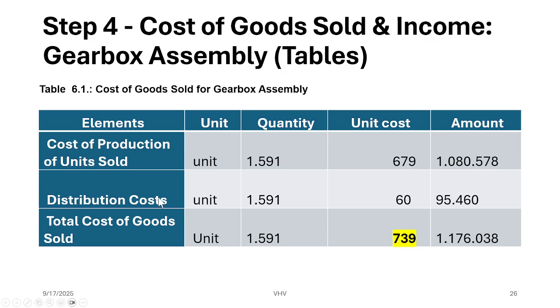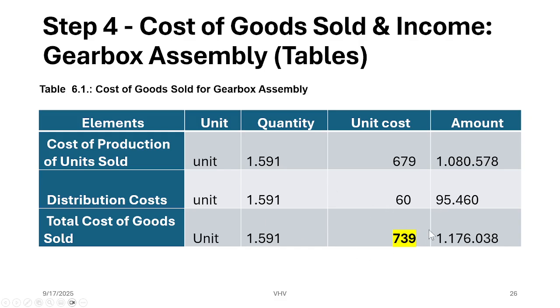The production cost for 1,591 units is calculated using our finished goods weighted average cost per unit: 1,591 units times 679, which is 1,080,578. To this, we add the distribution cost of the 1,590 units times our 60 euro per unit rate, which is 95,460.